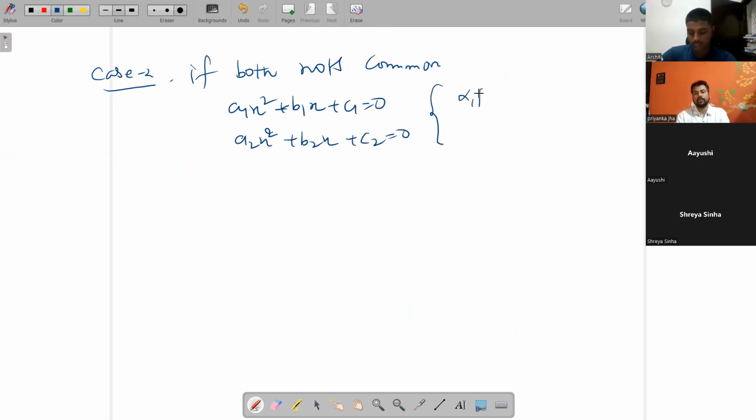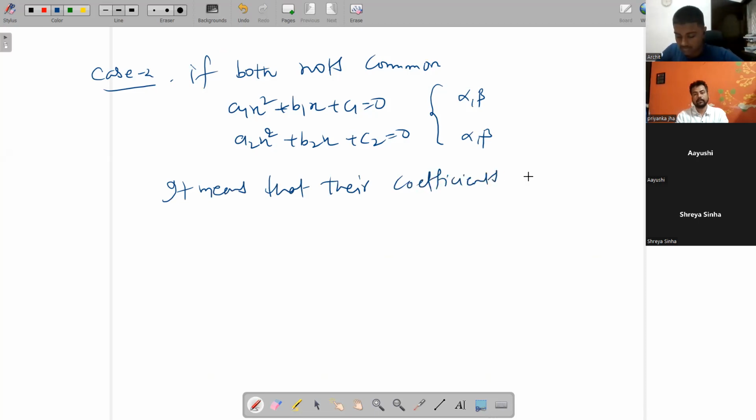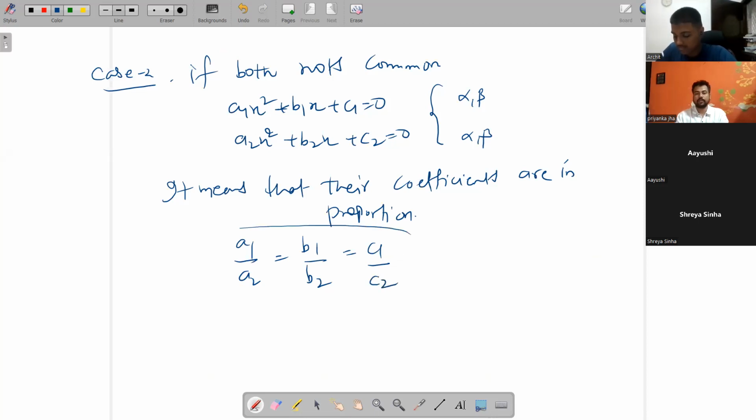If these two equations have both the roots common, it means that their coefficients are in proportion. So we write that the ratio of coefficient of x square must be equal to the ratio of coefficient of x, which must be equal to the ratio of the constant term.